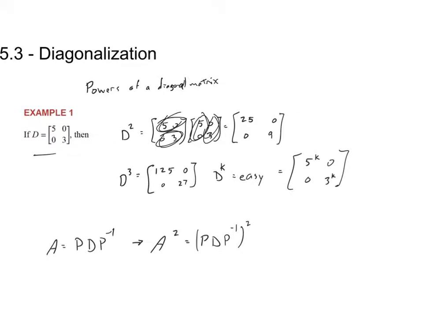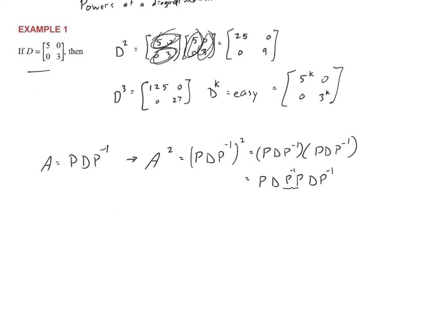Well, how do I do that? I multiply P D P inverse by itself, P D P inverse, and watch what happens when I drop the parentheses. P D P inverse, P D P inverse, right here in the middle, P times P inverse, that is the identity. So what we're left with is P, D times D is D squared, times P inverse.